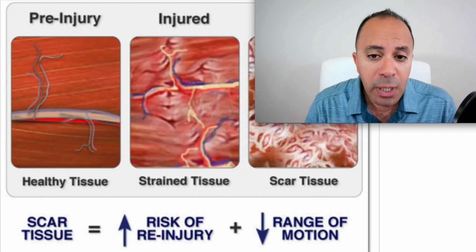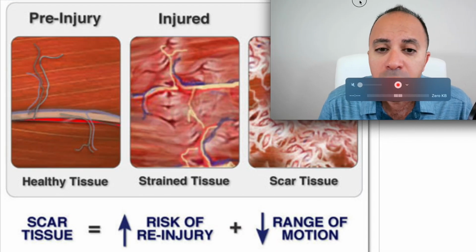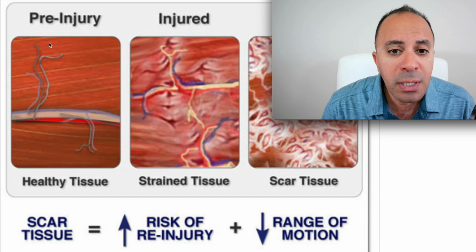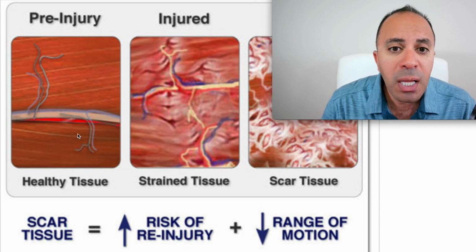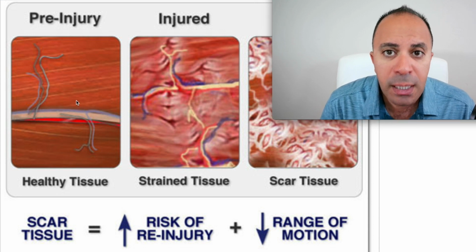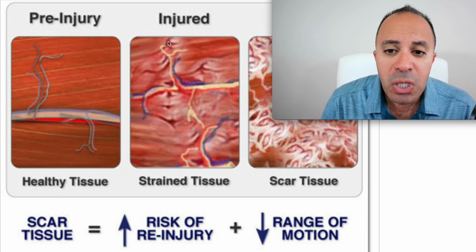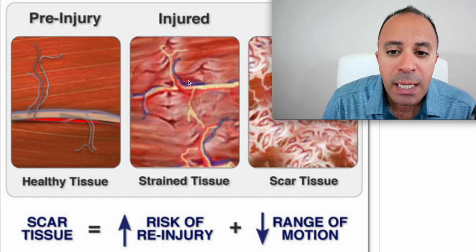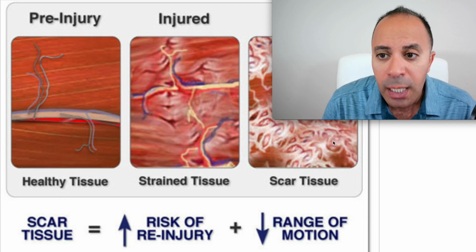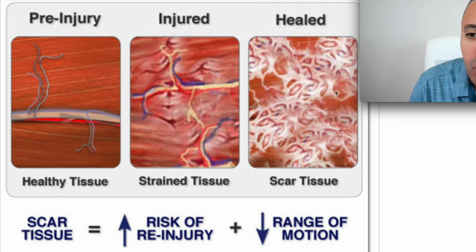This is a good image to visualize what it looks like for the muscle or the tissue. The first image is normal healthy tissue. There is no issue here. Nice and clean tissue. When you start to have injury, you start to have tears like this, and that's what it looks like internally. When you start to build the scar tissue, this is what happens, scarring the area.